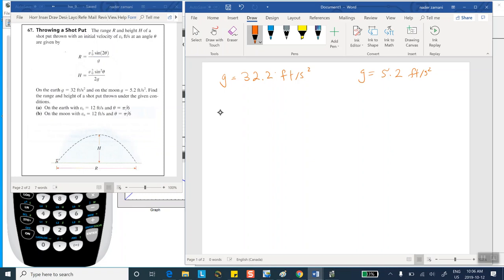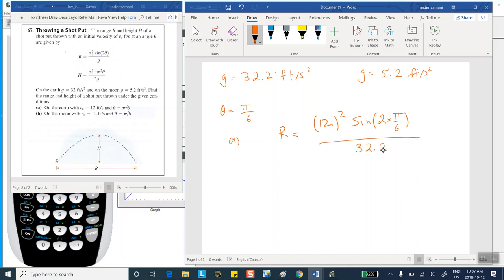Suppose theta is equal to pi over 6 on the Earth. The range is going to be velocity 12 squared times sine of 2 times pi over 6 divided by 32.2.